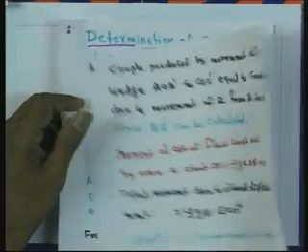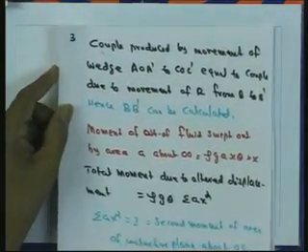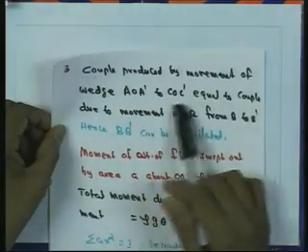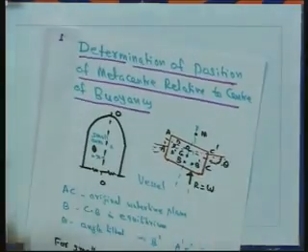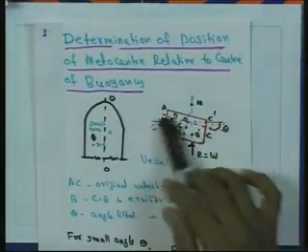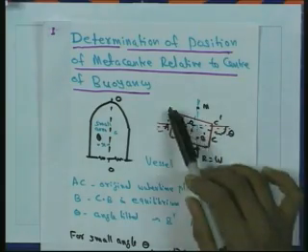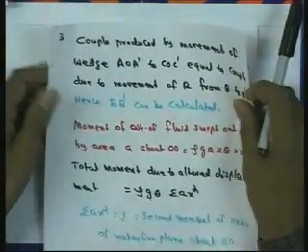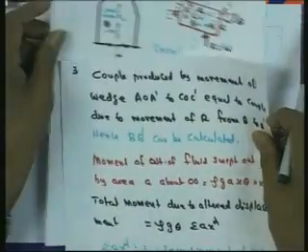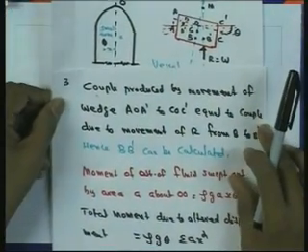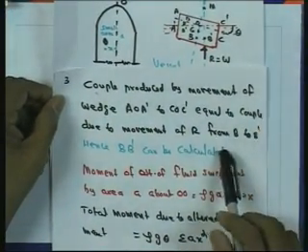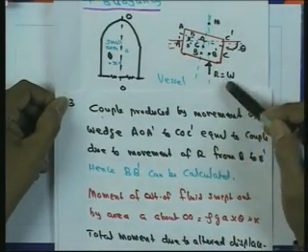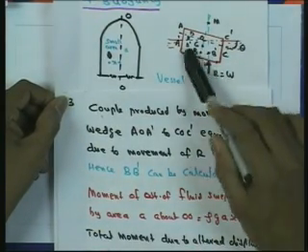So now, the couple produced by movement of wedge AOA dash to COC dash, since we are providing a small tilt and the vessel is tilted, is equal to the couple due to the movement of the resultant force R, the reaction force R, from B to B dash.